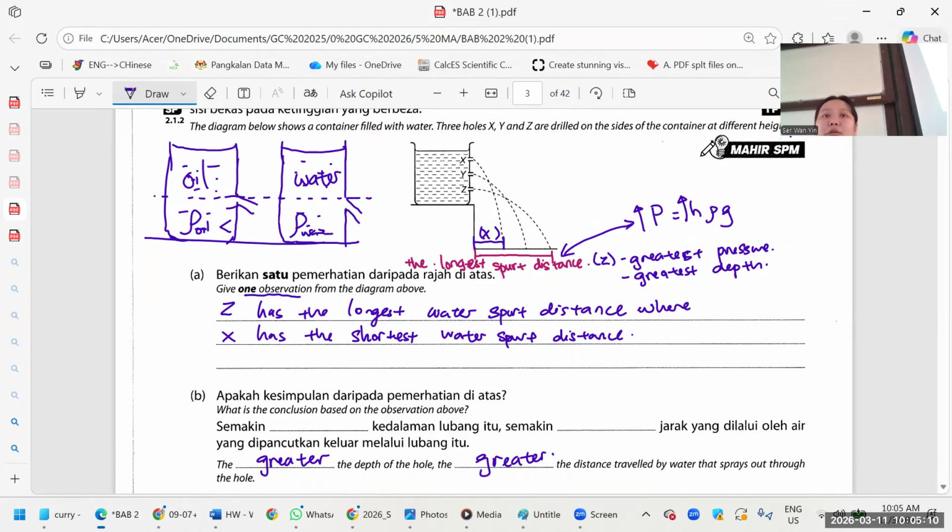So P equals H rho G. Now you look at it: the height is the same, right? G is the same, right? So the bigger density means bigger pressure, means it will spurt out longer, 可以吗? So this one will be the longest.